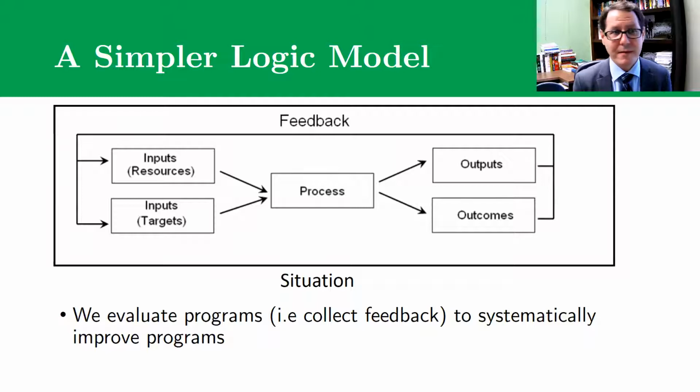It can also affect inputs. This program is working really well, it should scale up, or this program is not working well and probably should be discontinued. No more funding. Right? So that's the idea of feedback. And if you'll note, it's a loop and it keeps going. That's the basic idea of continual program improvement.